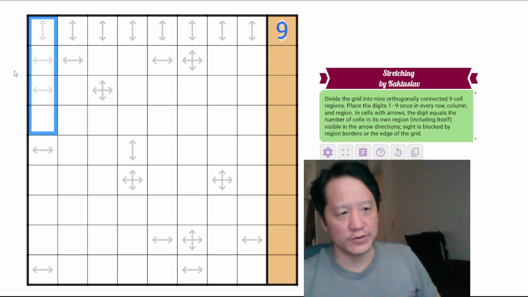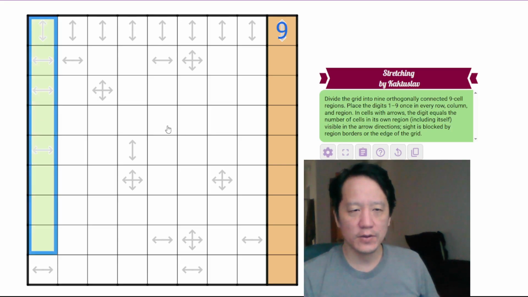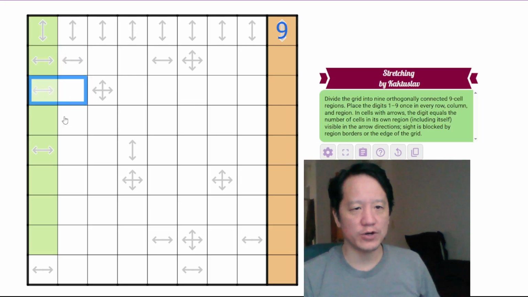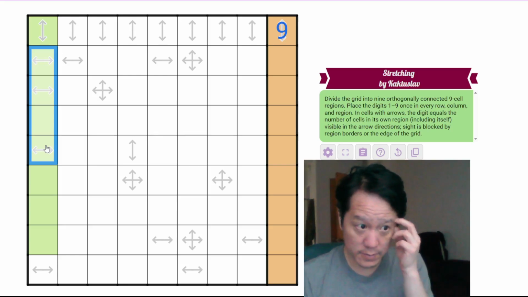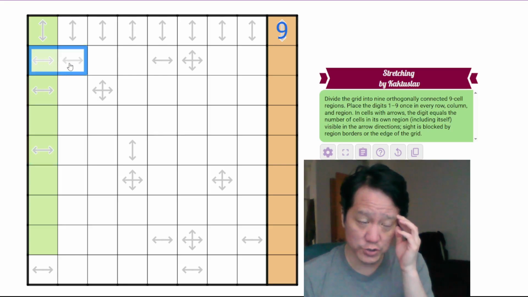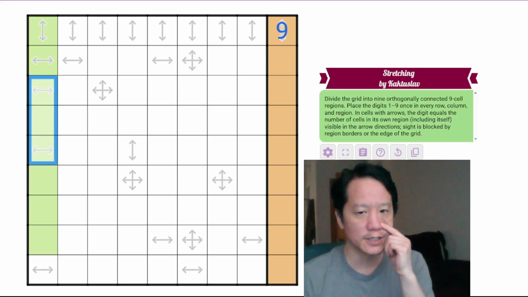Right, if you had 8 going this way, the problem is you only have one cell left in the region. So one of these 3 would have to be a 2, but then the other 2 would have to be 1, which would have a repeat in the column, so that's not allowed.